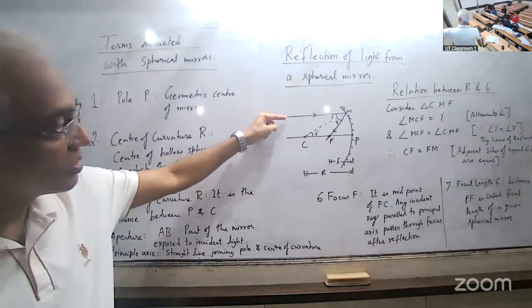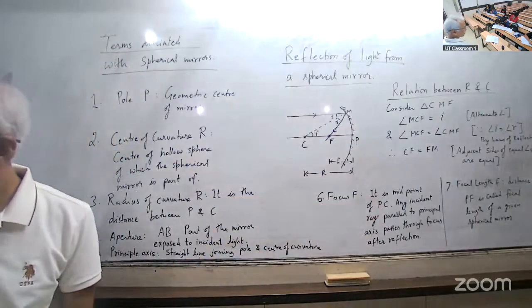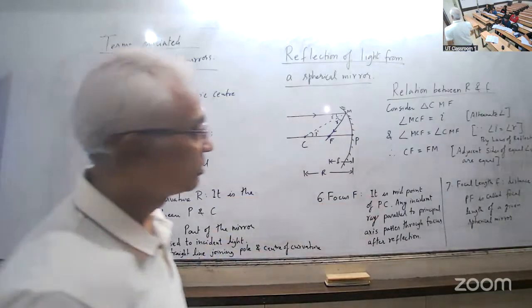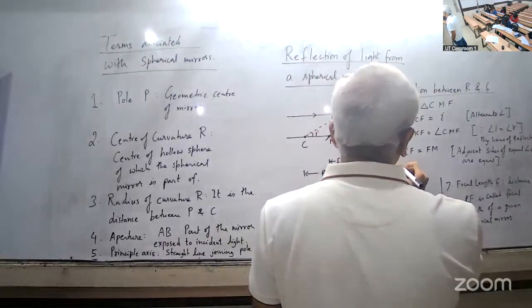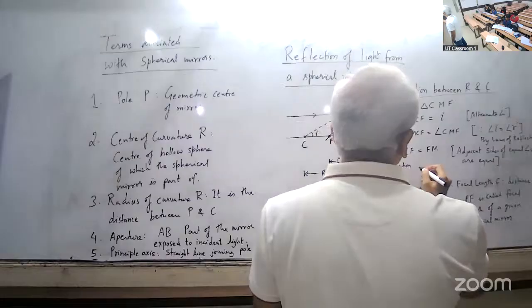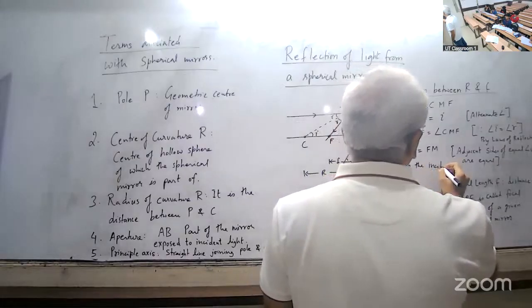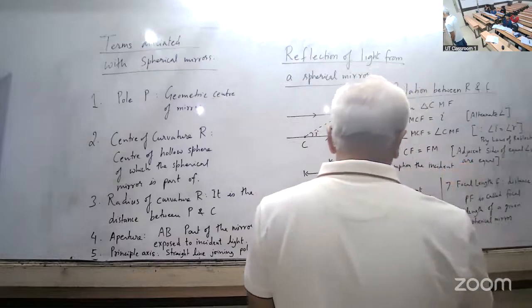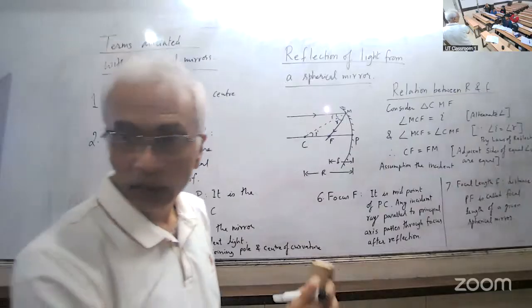Now imagine this ray is incident very close to P. Okay. Now assumption. The incident ray. Can I erase 6 and 7? लिख लिया सबने?